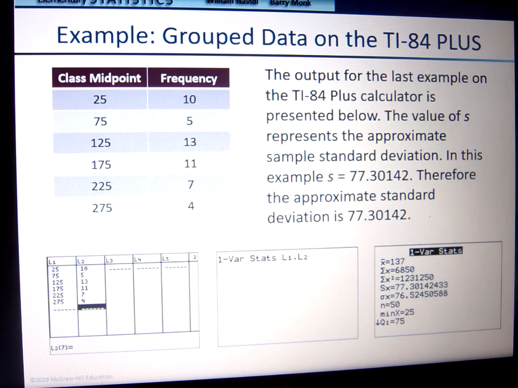The output in the last example is presented below when we took a look at it. The value represents the approximate standard deviation. So we have Sx, which is our sample standard deviation, 77.30142433. And we have our population standard deviation of 76.52450588.